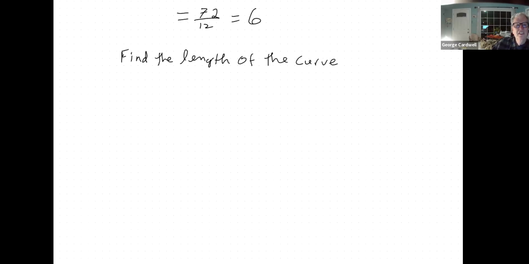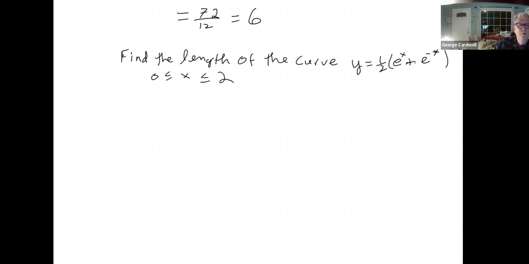Y equals 1/2 e to the x plus e to the minus x, with 0 less than or equal to x less than or equal to 2.